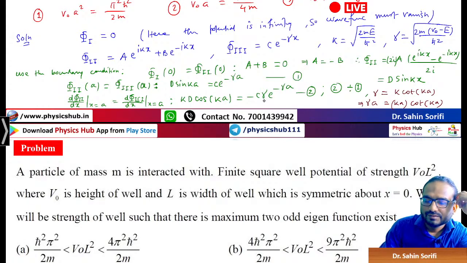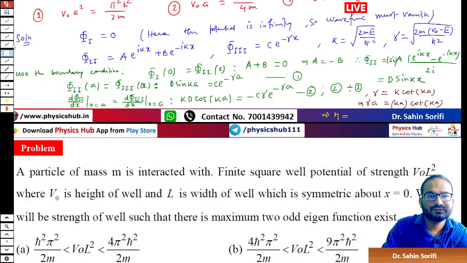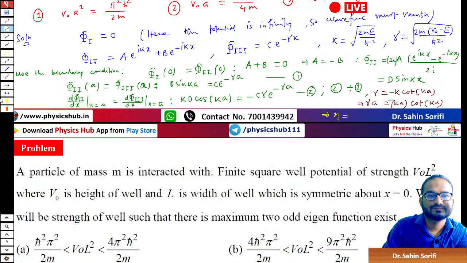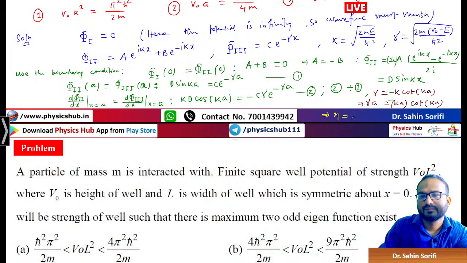Okay, so we can write, little bit of space issue, you can try to adjust. Gamma is equal to, there will be a minus also, here also a minus.